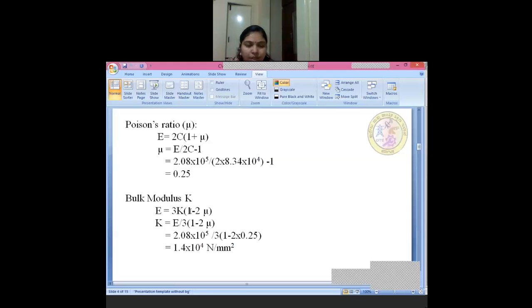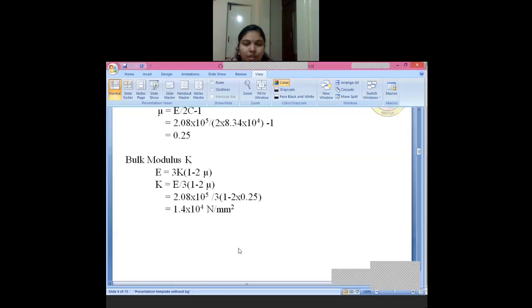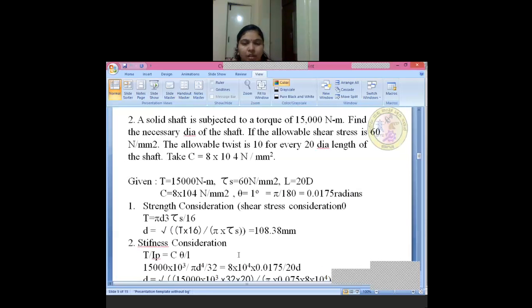Once we get that, for the bulk modulus, E is equal to 3K into 1 minus 2 mu. Rearranging, K will be equal to E divided by 3 into 1 minus 2 mu, and we get about 1.4 into 10 to the power 5.